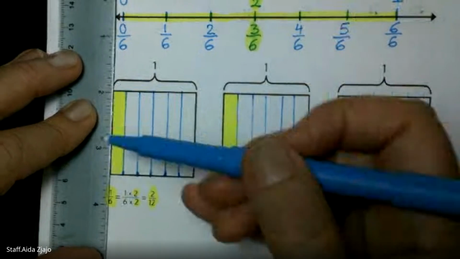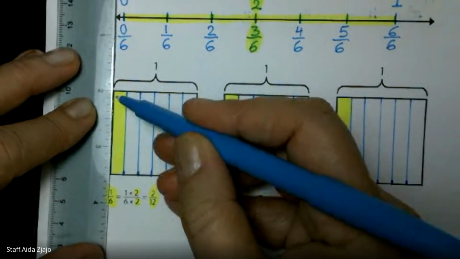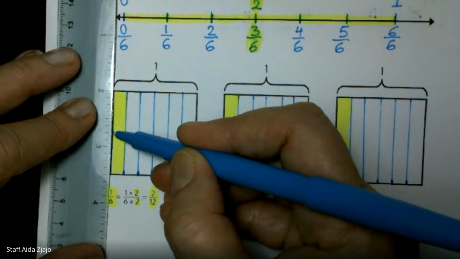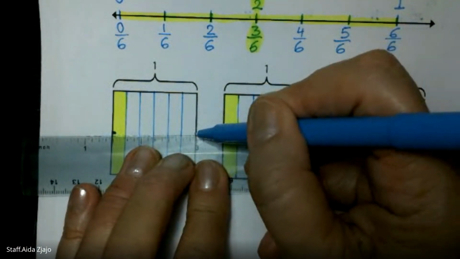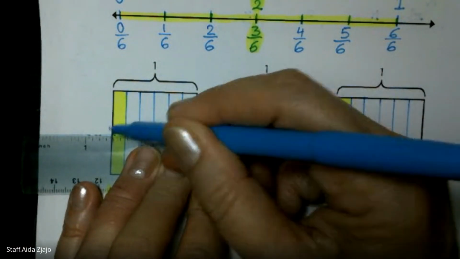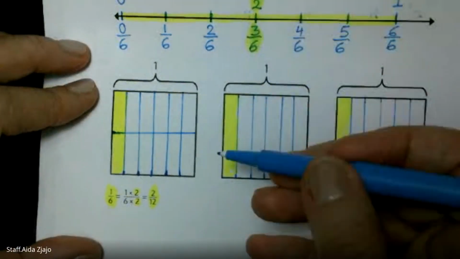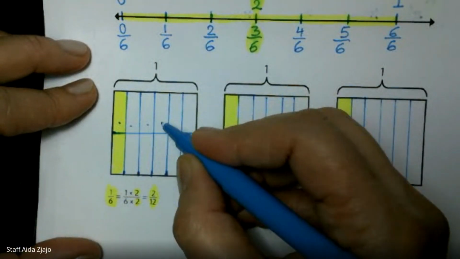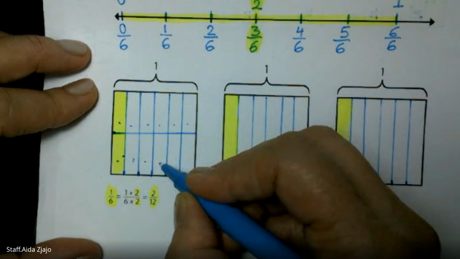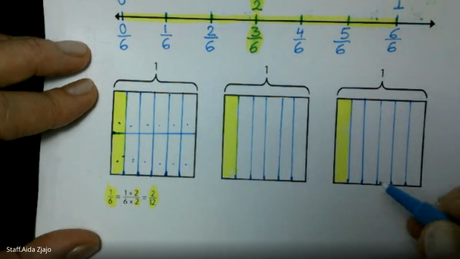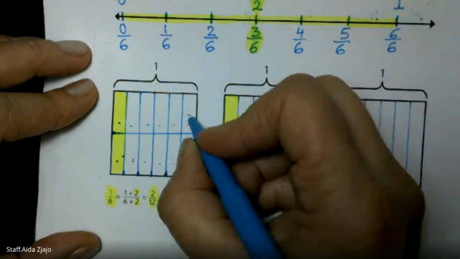It's about right here. That's my half. If I cut it in half, I will make 1, 2, 3, 4, 5, 6, 7, 8, 9, 10, 11, 12 pieces. So each piece is 1/12.